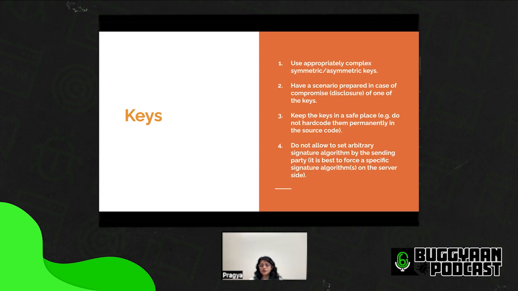Also, another thing is do not allow the sending party to set an arbitrary signature algorithm on the server side. So this fourth point is for the algorithm confusion attack.